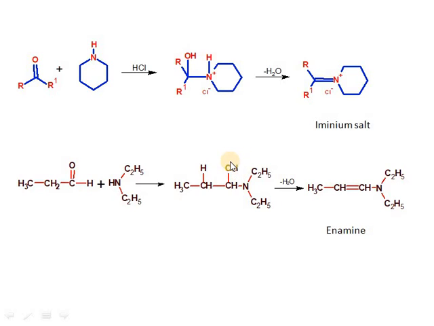Then no hydrogen on the nitrogen is left for removal of a water molecule, and hence the hydrogen and OH are removed in this fashion to form a carbon-carbon double bond between these two carbons, removing the OH as a water molecule. So a new type of amine is formed, called an enamine. It is not an amine, it is an enamine. Right.